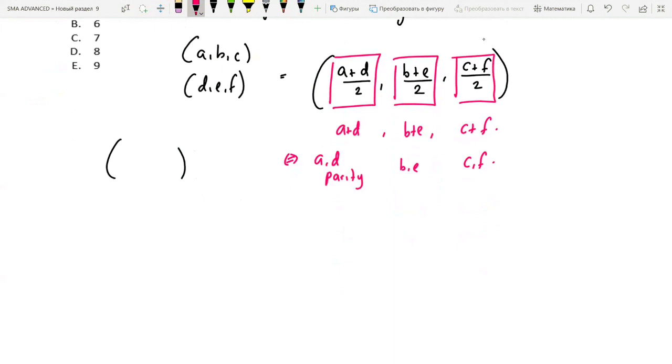So now let's say we have k lattice points. Let's call them x1, y1, z1. You know, this comma looks like 1, so I'll put this differently to distinguish it. Let's say we have k of them, and k is the minimum.